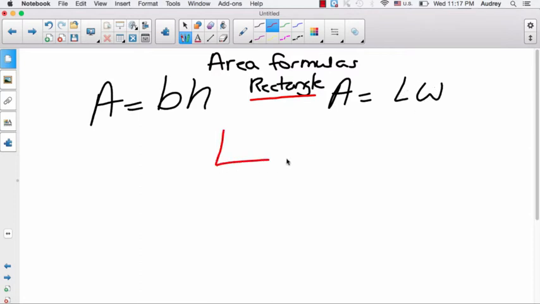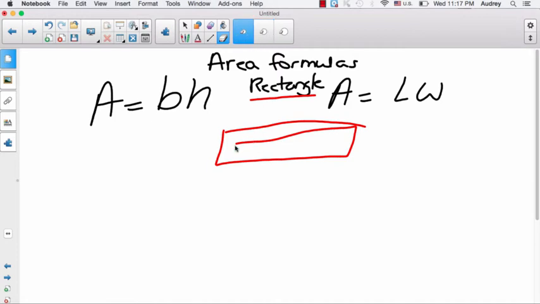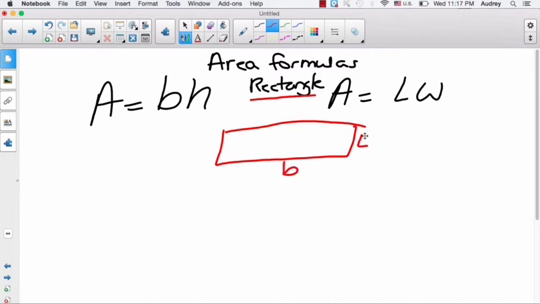If I was looking at a rectangle and I wanted to label the base and the height, I would say, well, this is base and that is the height, right? And so in that case, I would use those numbers, let's say that was 3 and this was 2, I would put 3 times 2, and then A would equal 6.